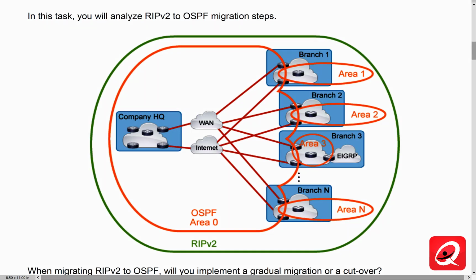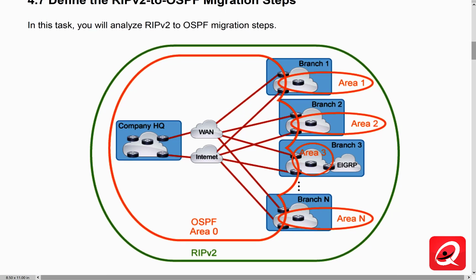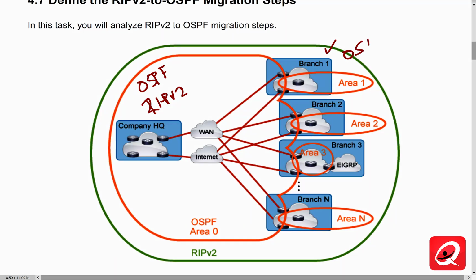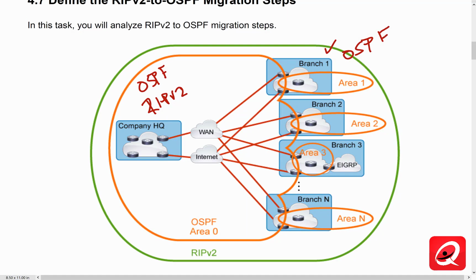So I'm running RIP version 2 at the headquarters location. I'm running RIP here, and I'm running OSPF. All right, that was step 1, implement OSPF at the headquarter location. If I go to the branch and I convert branch 1 to OSPF, let's say I leave RIP in place.